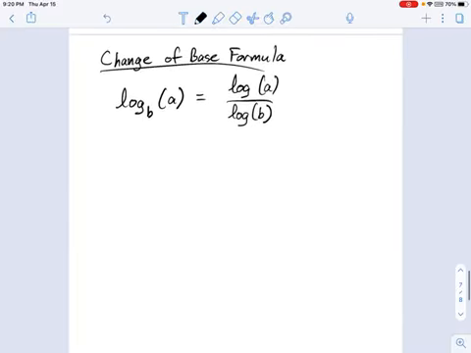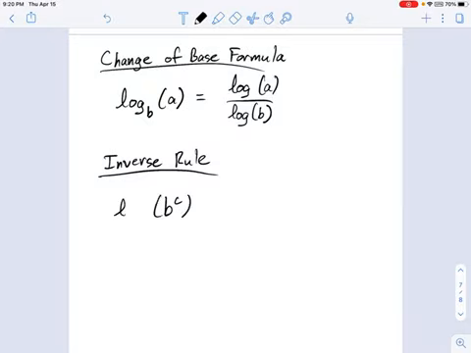Okay, moving along. There's an inverse property of logs, which I think we've talked about before. I'll just call this the inverse rule. What this means gets back to the fact that logarithms and exponents are inverses of each other. So if I have an exponential like this, and I put that exponential inside a logarithm, the logarithm undoes the exponential. They cancel each other out, and all you get is that c left, right? You can think of it as log cancels out the exponent.